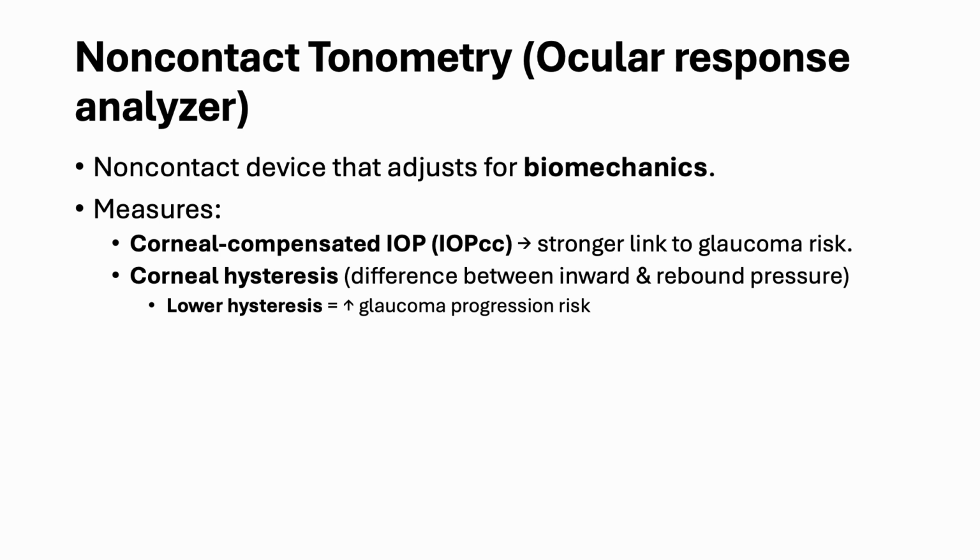Second, it measures corneal hysteresis, which reflects the cornea's ability to absorb and dissipate energy. Think of it as the difference between the inward and outward rebound pressure during the test. A lower corneal hysteresis is linked with a higher risk of glaucoma progression, making this measurement particularly useful in assessing patient risk beyond pressure alone.